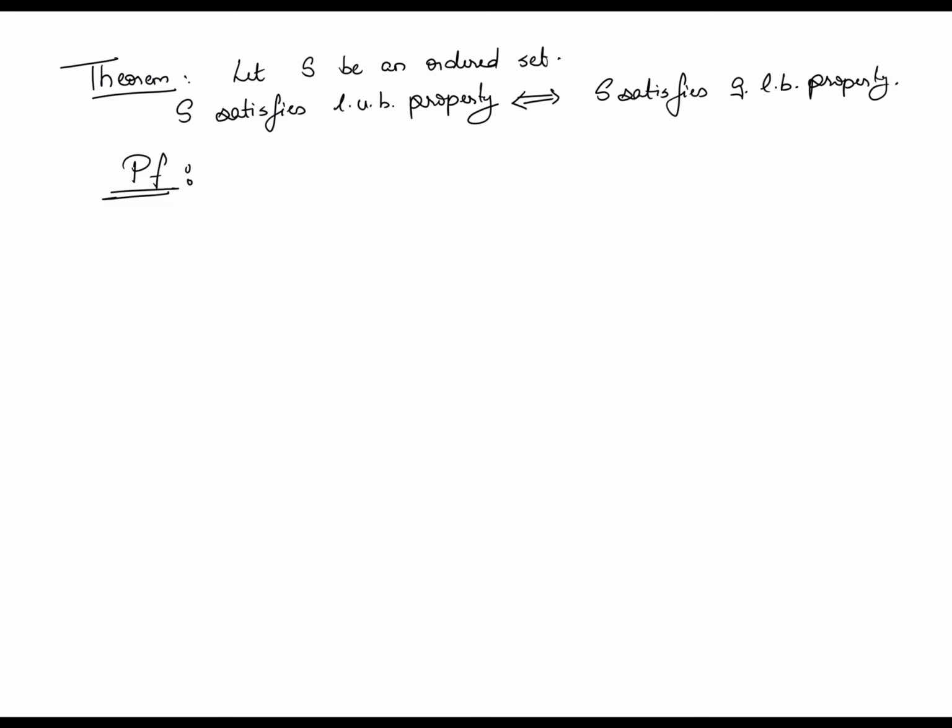So the proof, as you would expect, has two parts. First, I need to prove that if S satisfies the LUB property, then it satisfies the GLB property, and then of course I have to prove the other way around. I'm only going to prove one of these, and the other will follow along similar lines, and I'll leave that as an exercise.